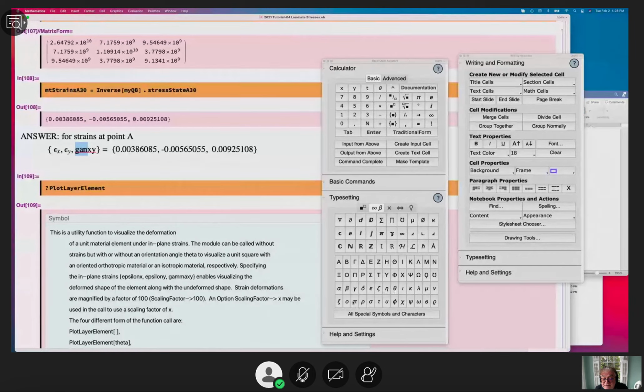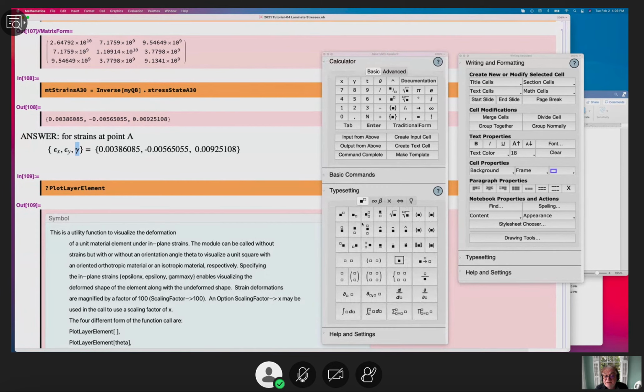Go to my assistant. Here's gamma. And I'm going to make this the subscript of gamma. So I'll go here, there, and type x, y. All right, it's fancier. Depends on how fancy you want.